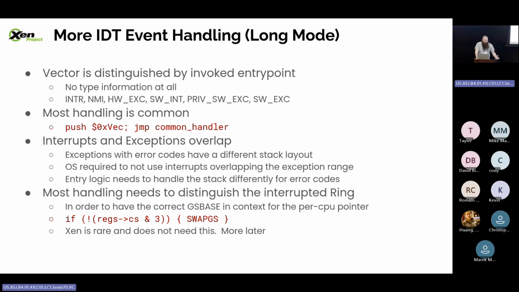As a result, you have to have 256 entry points, and genuinely what happens is every single one of them puts a number on the stack and jumps to a common handler. So you have to write 256 that have a couple of instructions and then join back together into a common code path, because that's how everything works.